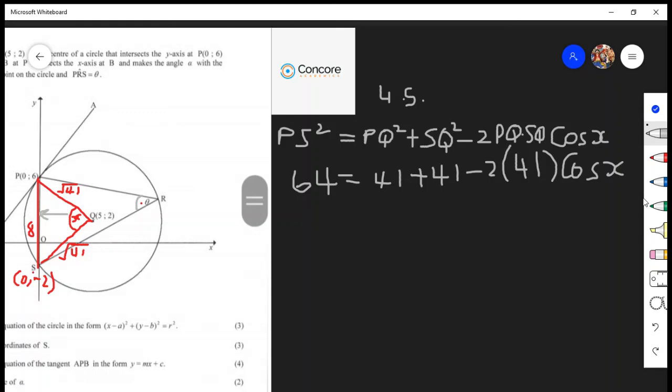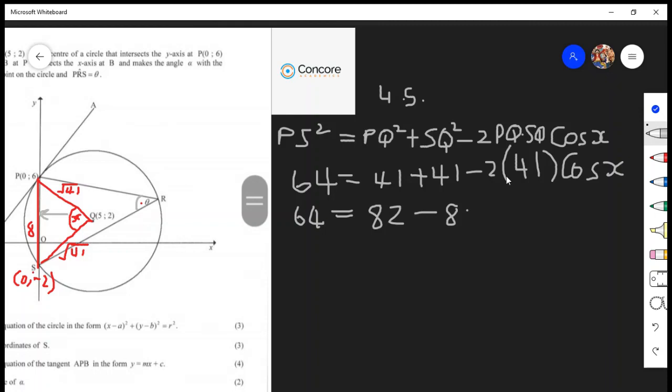So next we have 64 is equal to 82 here. Wait, negative 41. Sorry, I just tried to push as much as I can for time's sake, to do as much as we can before time ends.